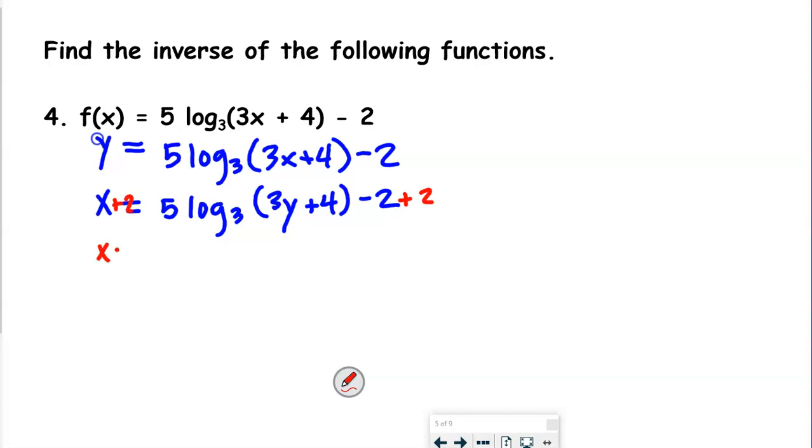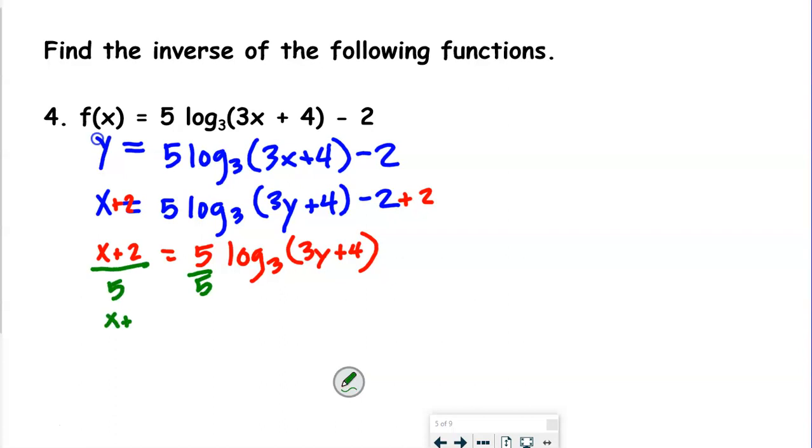So that's going to end up being x plus 2 equals 5 times the log base 3 of 3y plus 4. Hopefully you can see the inverse of this. So we're going to divide both sides by 5. So that's going to be x plus 2 over 5 is equal to now log base 3 of 3y plus 4.